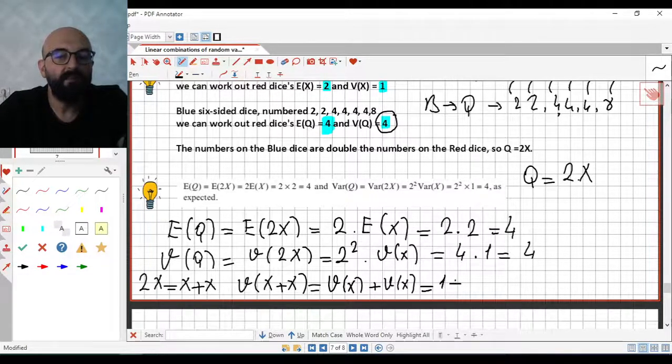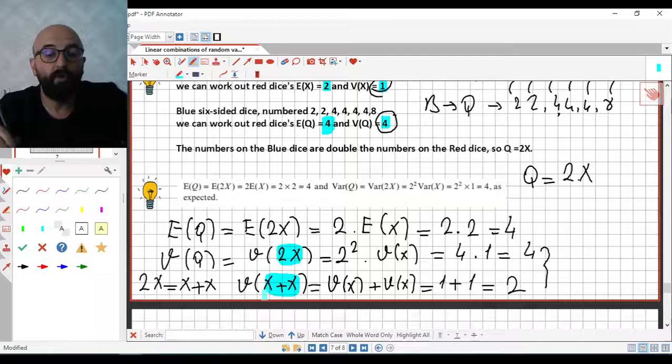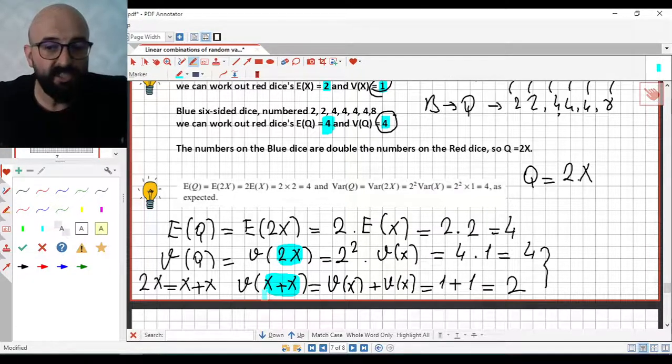So 1 plus 1, it means 2. So this situation is very different. So for the variance value, 2x is unequal to x plus x. But please don't forget, the expectation doesn't change.